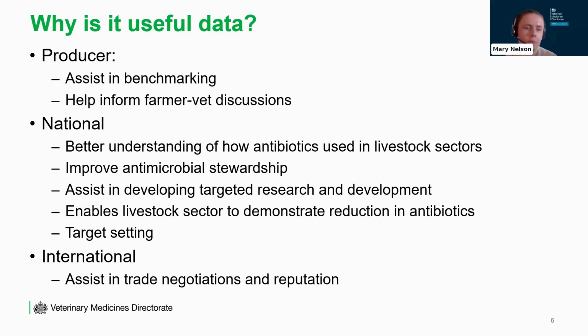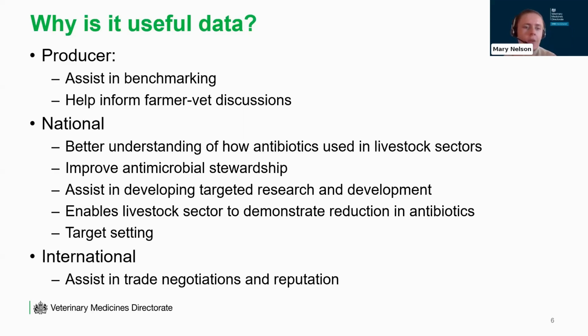On a national level, government and policymakers can use the information collected to understand how antibiotics are used in the livestock sectors, and it can be used by national industry stakeholders such as the National Pig Association to show their reduced usage after initiatives they may put to the industry.